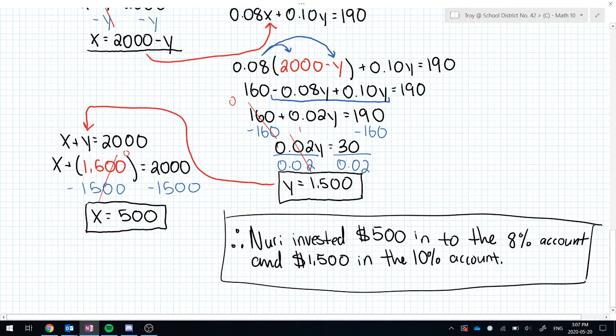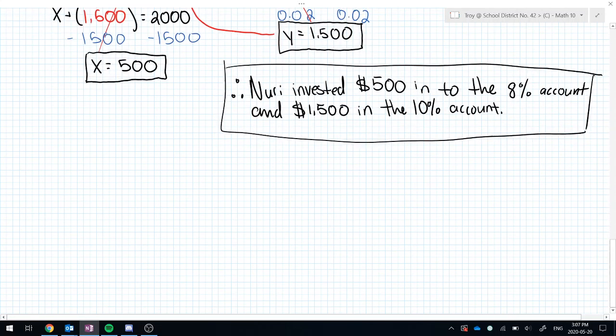Okay, so let's do one more example, and that'll be it for this week. It's not a word problem. So let's say here we have: solve the following system.